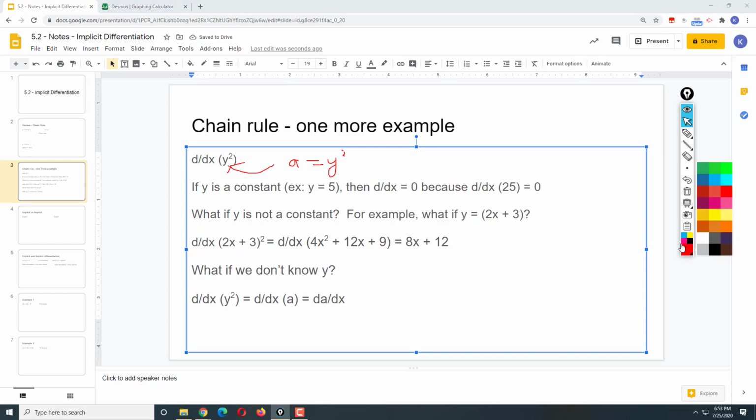We know from the chain rule that dA over dx has to equal dA over dy times dy over dx. What is dA over dy? Well, a equals y squared, so dA over dy is 2y by the power rule. Y squared becomes 2y when we take the derivative.